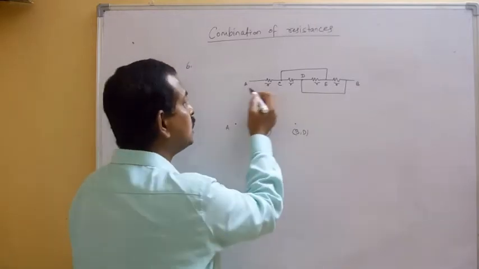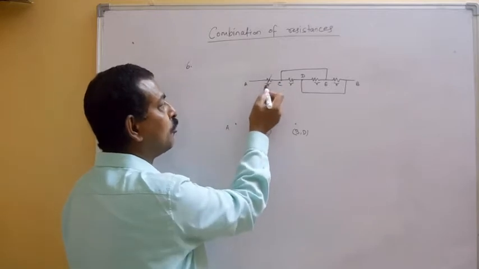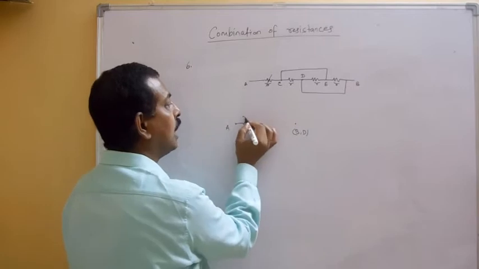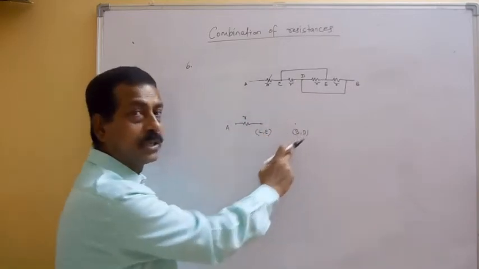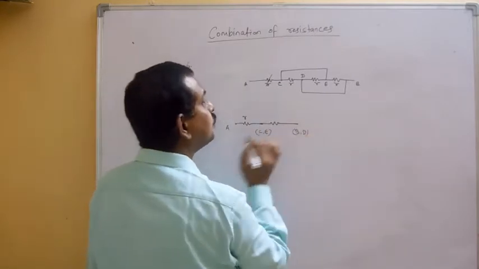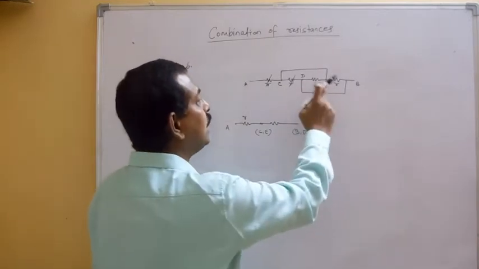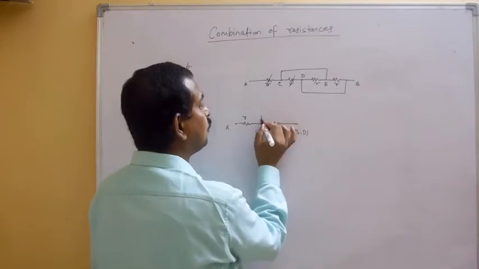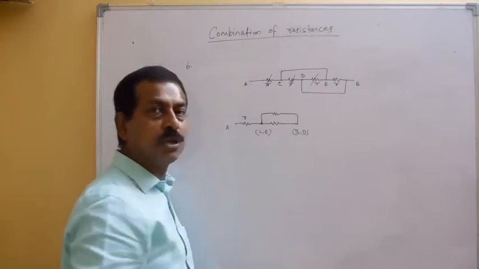Now let's see. A and C are the points across which we have one resistance. So we have represented one resistance R here. Between C and D, C is here, D is here. So again we have one resistance. We have represented this. Between D and E, again E is here, D is here. We have represented this also.